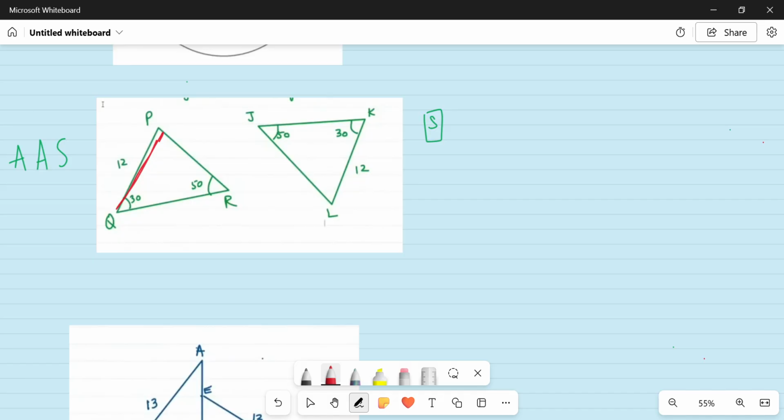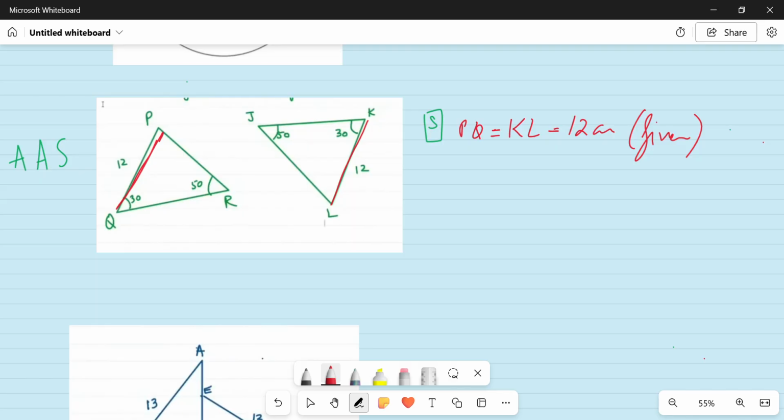PQ is equal to, yes students, come on, tell me, KL. Very good. And it is given in the picture. So the measurement is 12 centimeter, and the reason is it's given.